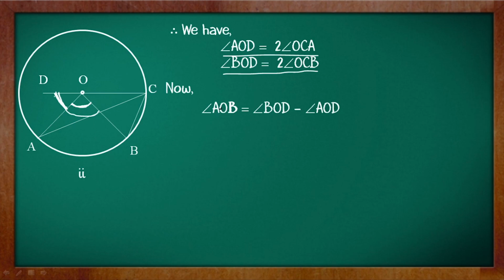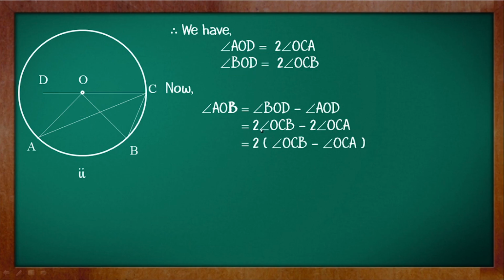So we are doing the same thing here. With that, angle AOB is the difference of BOD and AOD. Now we know that the value of BOD is 2 angle OCB and AOD is 2 angle OCA. So taking out 2 common, we'll have 2 times angle OCB minus OCA. Now let's see where is OCB.